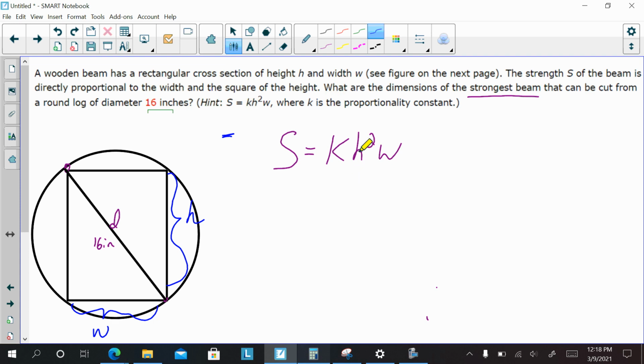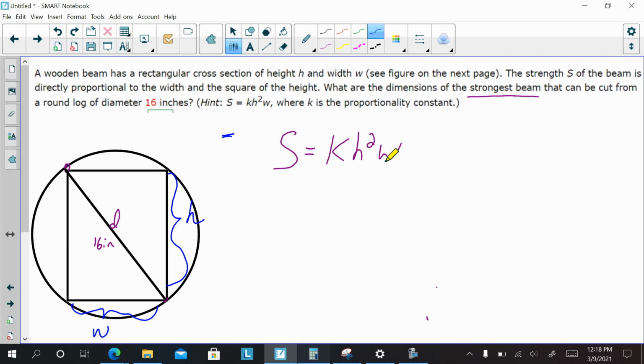So we need to get rid of one of them, so we have one input variable to our function. We need an equation that relates H and W so that we can replace one of them.